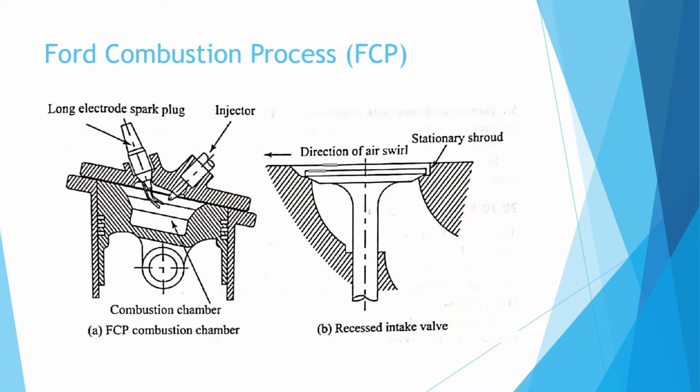This figure shows the layout of the Ford Combustion Process. The injector is located radially at a 56-degree angle. This location is found to provide good mixing at all loads and speeds.